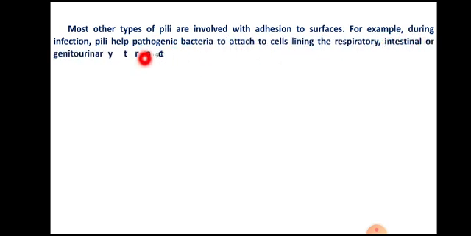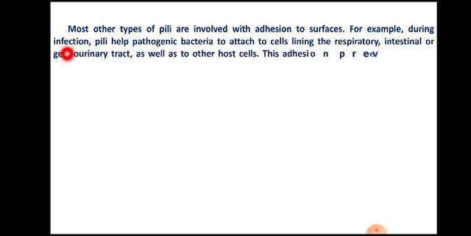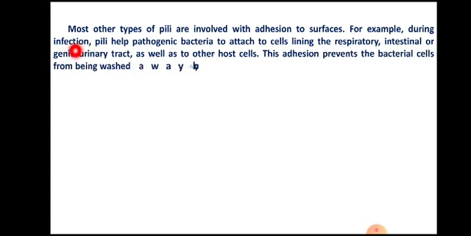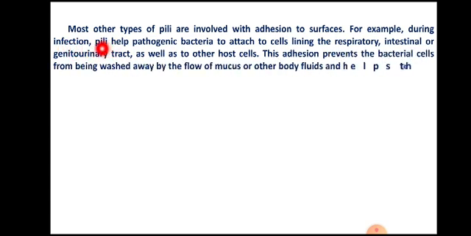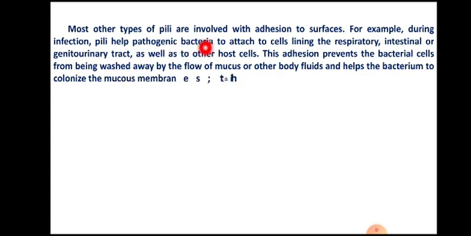For example, certain bacteria which are responsible for infection in humans, with the help of these pili, these pathogenic bacteria attach to our body cell linings, like in the respiratory tract, intestinal tract, and genitourinary tract, as well as it helps in binding to other host cells.